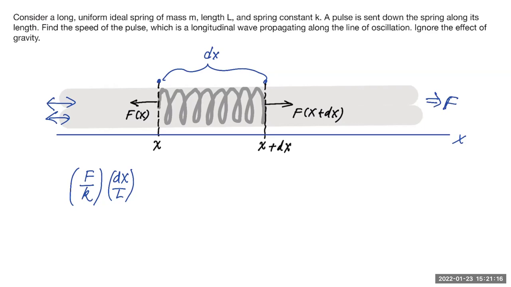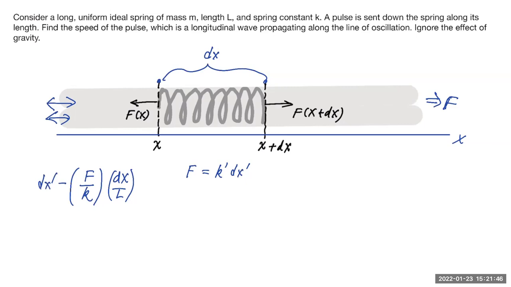Well, by definition, K prime is defined such that when I apply a force F to this little segment, it's going to stretch by a certain amount, which I call dx prime. As a result, I have F equals K prime dx prime. K prime is the spring constant for this little segment, and dx prime is the amount of stretch. This is dx prime right here.